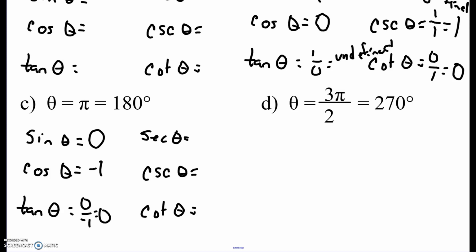Secant, which is 1 over x, or 1 over cosine, is -1. And again, cosecant and cotangent have 0 in the denominator because the cosine or the x value is in the denominator. So these are not defined or undefined.